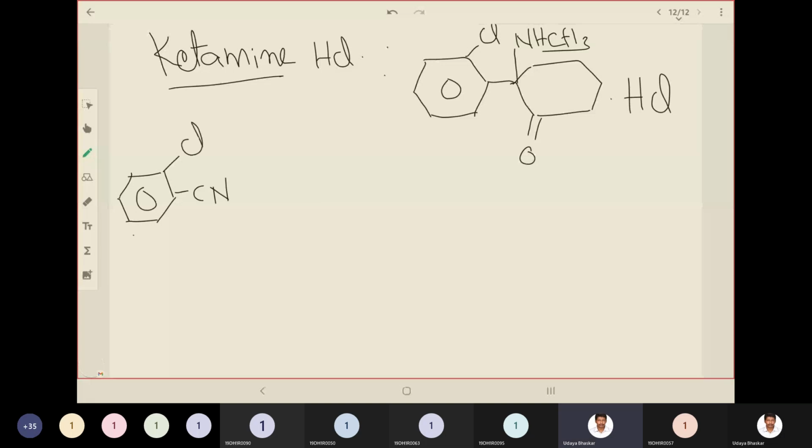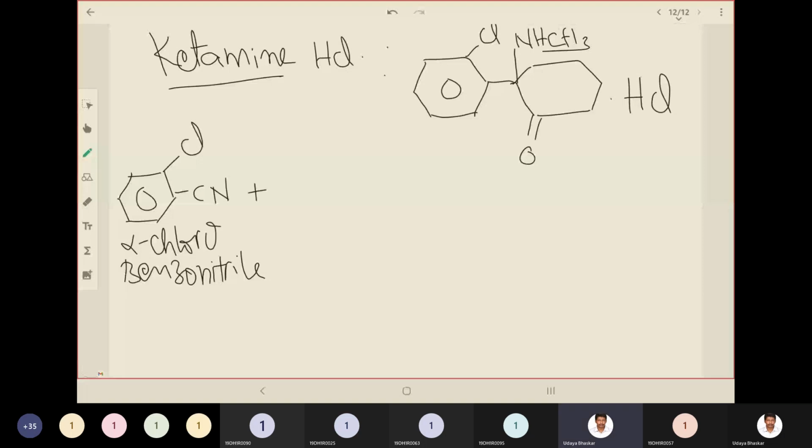So alpha chlorobenzonitrile, and you will use Grignard reagent.